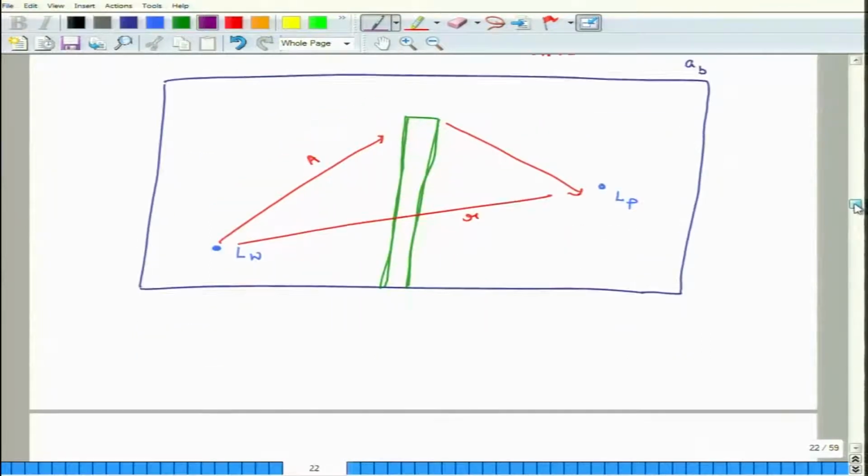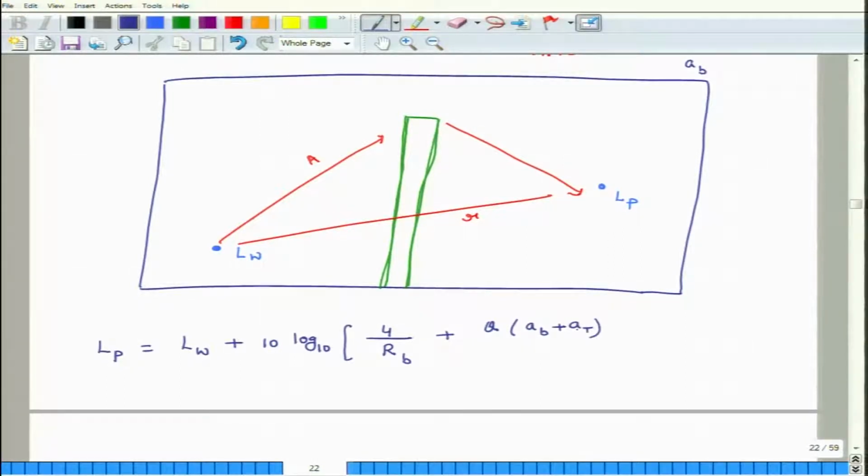So, if I have a barrier, then the value of LP can be calculated by LW plus 10 log 10 of 4 over room constant, but the room constant with the barrier, so I will call it RB, plus directivity of the source times AB plus AT.